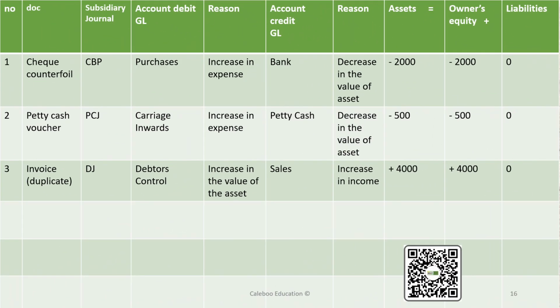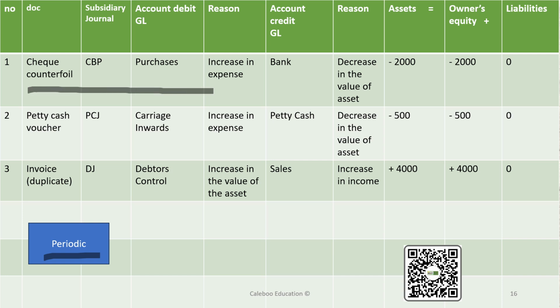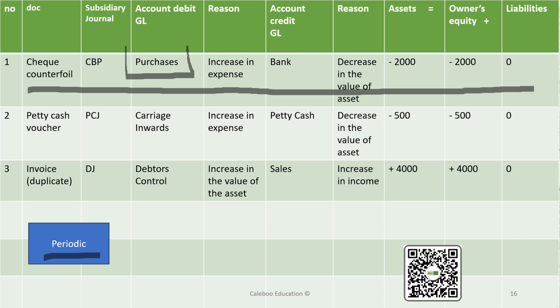These are the same transactions in the periodic inventory system. Number one was the purchase of stock, and I pointed out a very big difference. A different account is used in the periodic inventory system for movements of stock during the year.